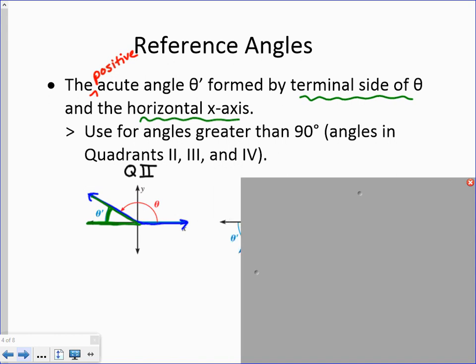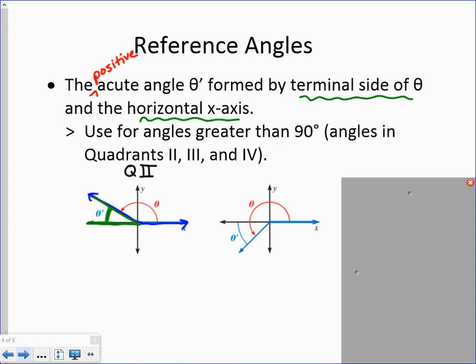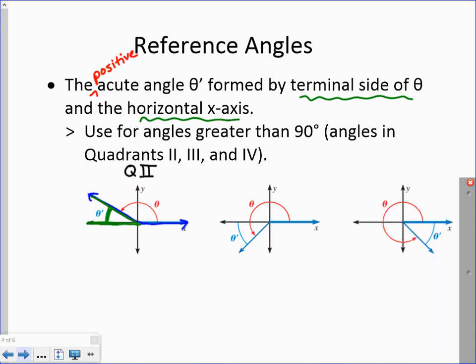Now, I also have images for quadrant 3 and quadrant 4. So if you want to draw the images for quadrant 3 and quadrant 4 in your notebook, you're welcome to do so. Notice that when we're drawing, the book has it in blue, but I'm going to highlight it in green.